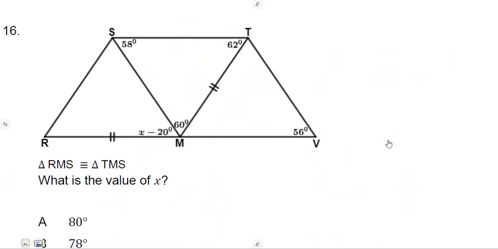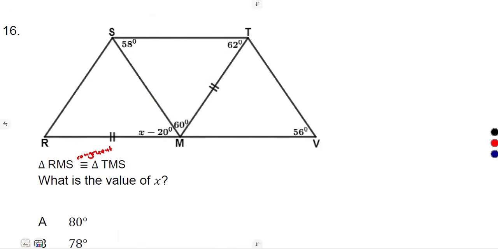Question 16, we are given two triangles that are congruent to each other. So these two, they are congruent. Triangle RMS is congruent to triangle TMS.